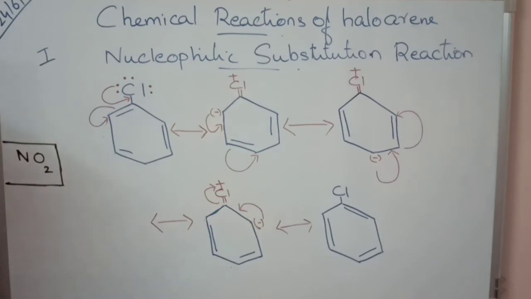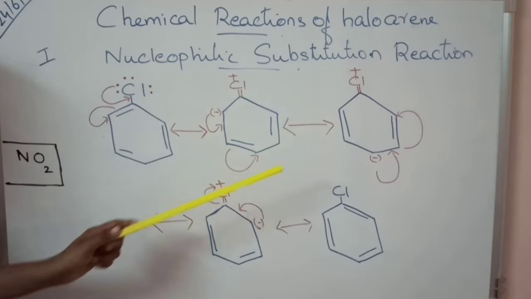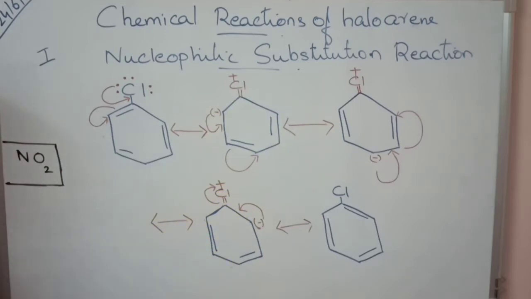So if an electron withdrawing group like NO2 is present at these ortho or para positions, then the electron density of the benzene ring decreases because this NO2 group withdraws electrons from the benzene ring, thereby facilitating the attack of nucleophile. So if an NO2 group, that means an electron withdrawing group, is present on the benzene ring, then the reactivity of this haloarene increases. Clear?